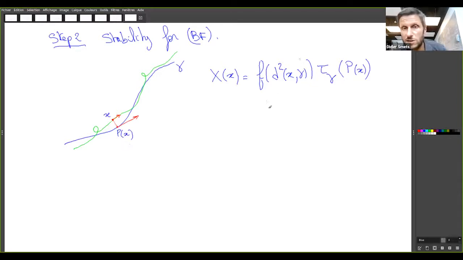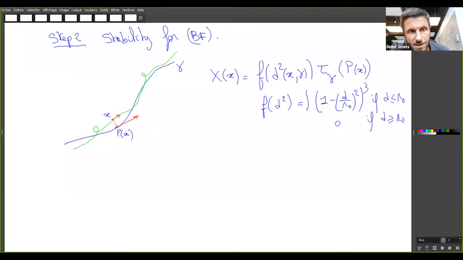Okay, and F, as I said, is just a cutoff function. So the precise one is F of D square is equal to 1 minus D square over R naught square, to the third, if D is less than R naught, and 0 if D is larger than R naught.